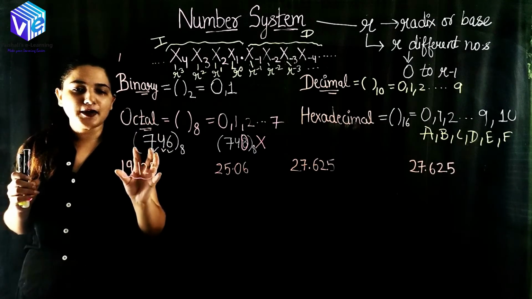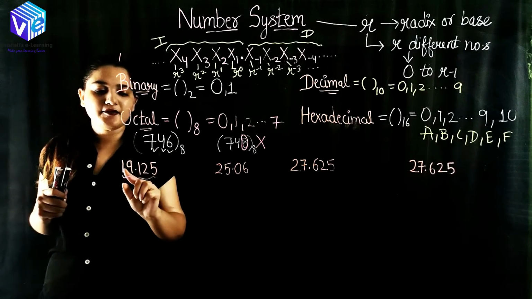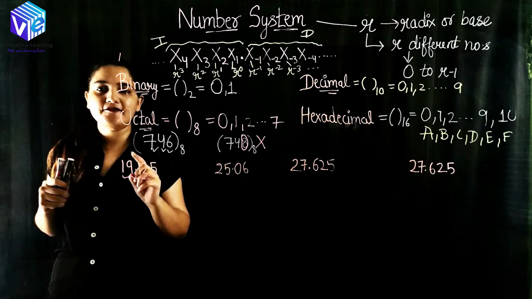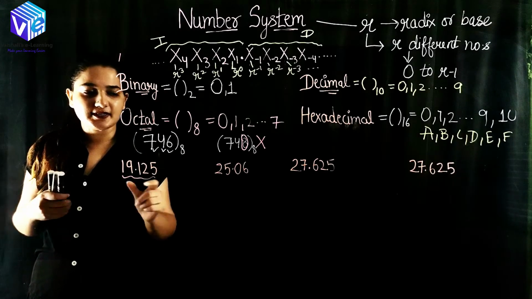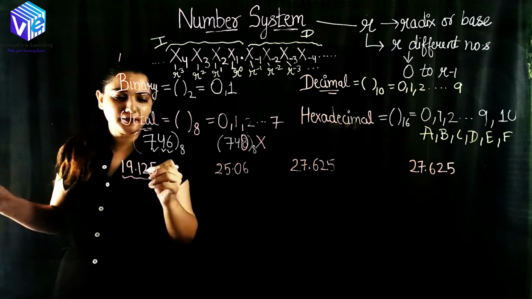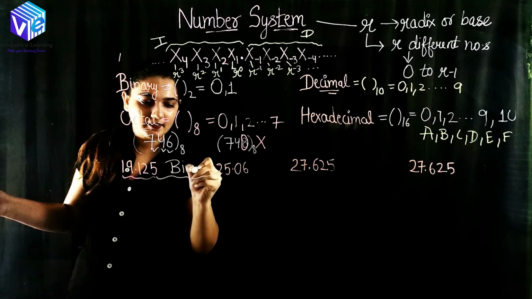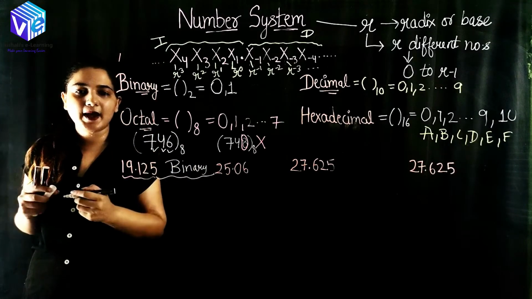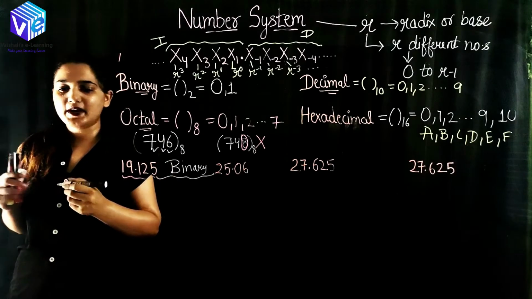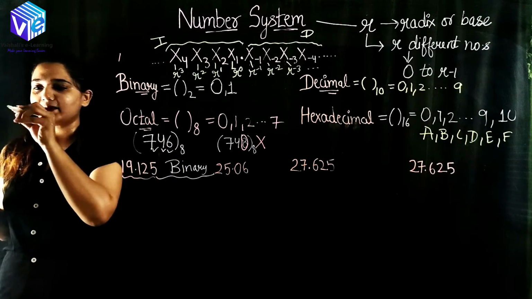So I hope now we can move towards the first example. Here we have 19.125. We need to convert it to the binary number system. These 2 questions are for binary. Okay, so here we have an integer part and a decimal part, and we have different rules for the integer part and the decimal part.